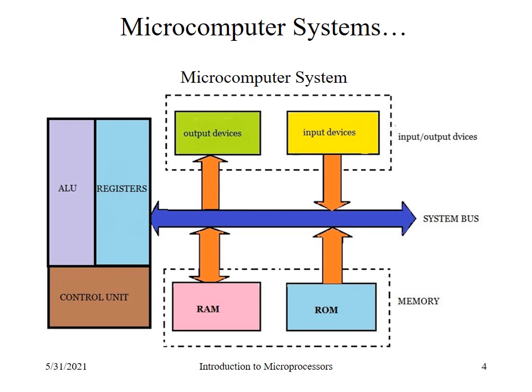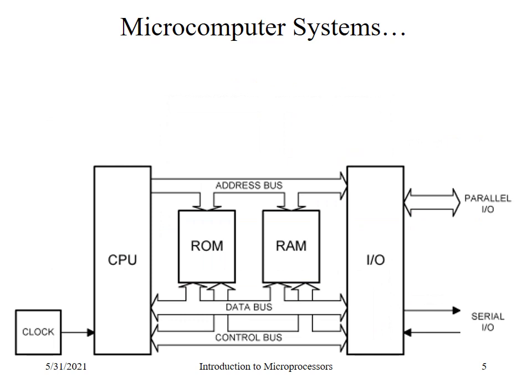And the buses, these are the buses which help the microprocessor transmit data and instruction from the different blocks of the processor. This is a different way of showing the microprocessor.